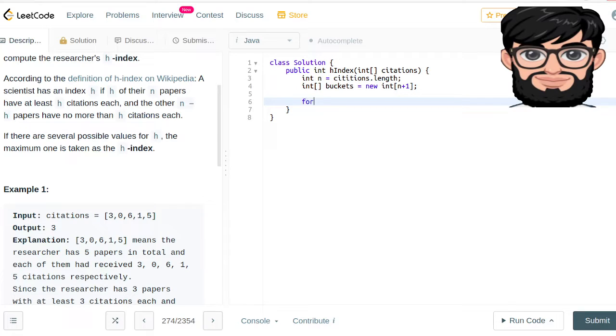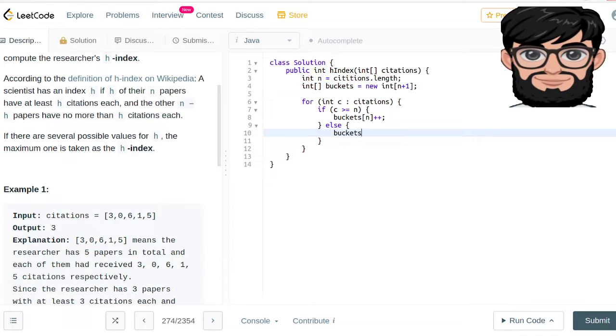So we're going to go through all the citations. If c is greater than or equal to n, all we're going to do is buckets[n]++. Otherwise, whichever bucket it falls in, we're going to increment that.